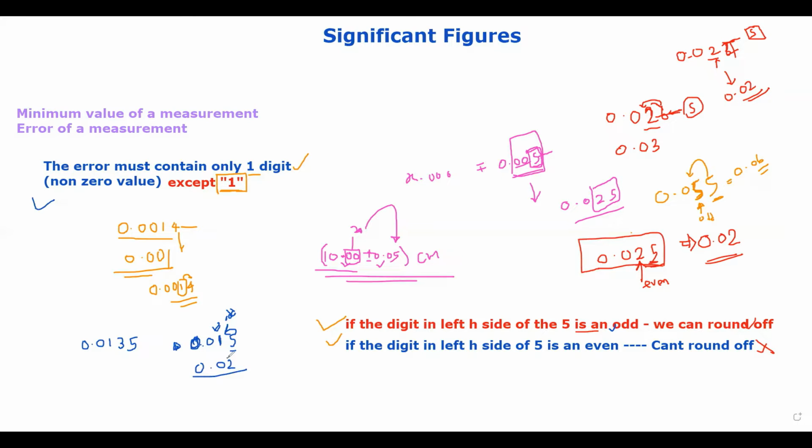Now here 2, 1 digit, 2 is okay. From 2 to 9 values, errors, we can keep alone.